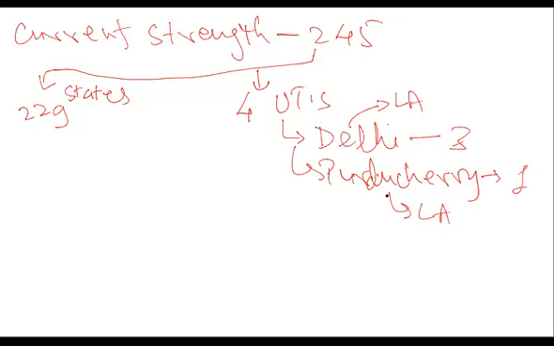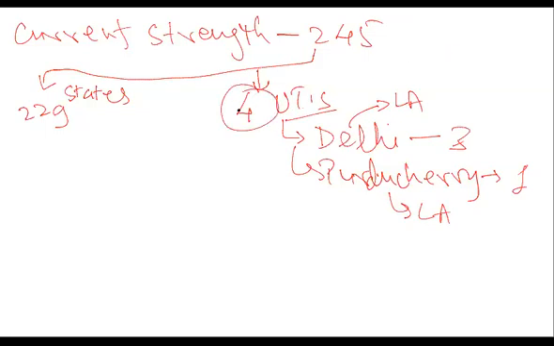So these are the reasons why only these 2 union territories have been represented in Rajya Sabha. Other union territories like Dadra Nagar Haveli, Daman Diu, Chandigarh, and Andaman Nicobar don't have their legislative assemblies, and this is the reason why they have not been represented in the Rajya Sabha.